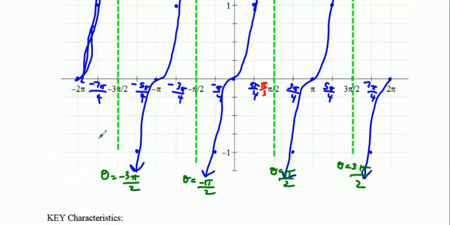So if I am trying to figure out what the general equation is for the asymptotes, I want you to think about taking a number like n, which is an integer. So if n is an element of the integers, what am I going to do to n? What does every one of these have in common?